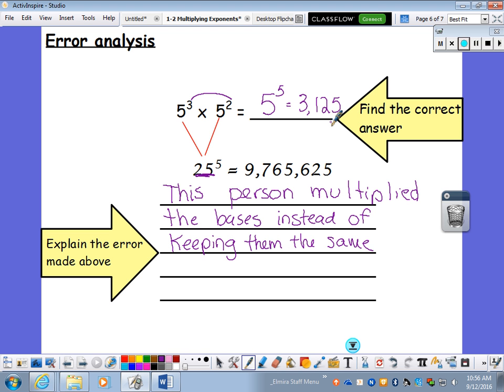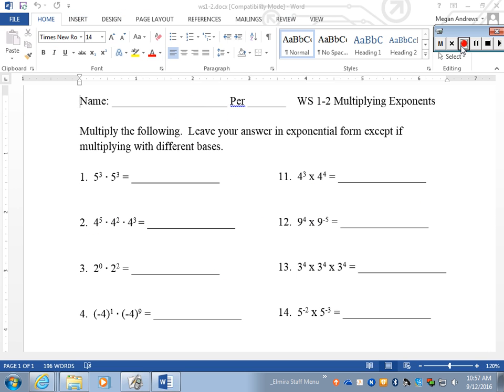Okay, let's look at a couple homework questions. So first off, I want to point out a couple things in the directions. It says leave your answers in exponential form. That means don't multiply stuff out, except if multiplying with different bases.